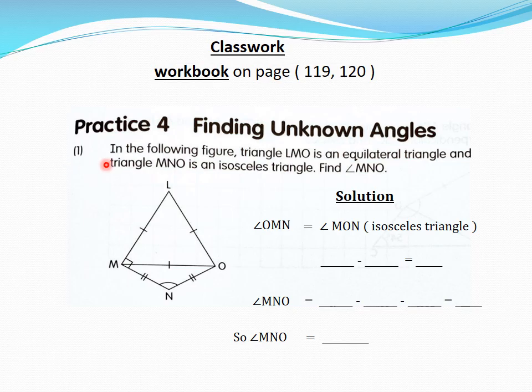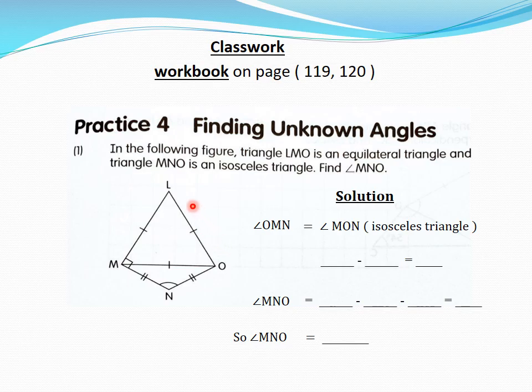Number 1. In the following figure, triangle LMO is an equilateral triangle and triangle MNO is an isosceles triangle. So we need to find the angle MNO. Now you can look in our picture together. One picture but it combines two triangles.